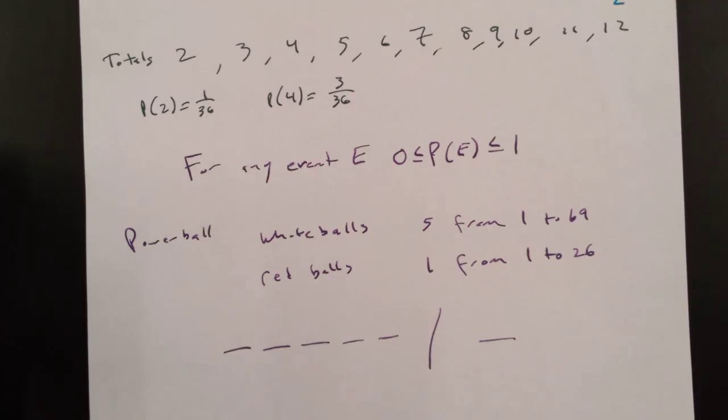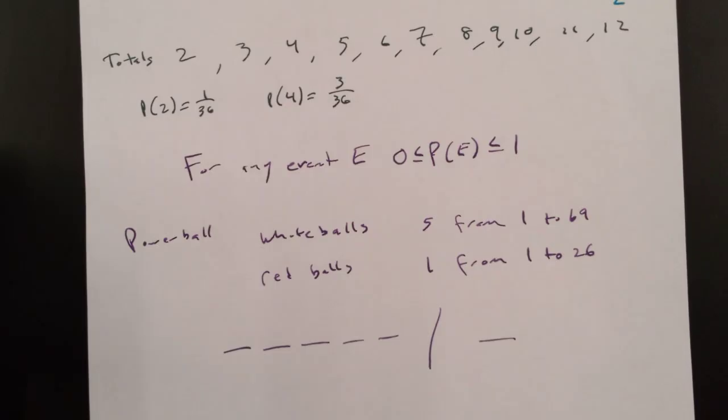It's not like there are 5 different tanks of balls and I pick from the first tank, the second tank, the third tank. I actually pick all 5 balls at once. Was it 69 times 68 times? Again, almost. I pick them all at once.